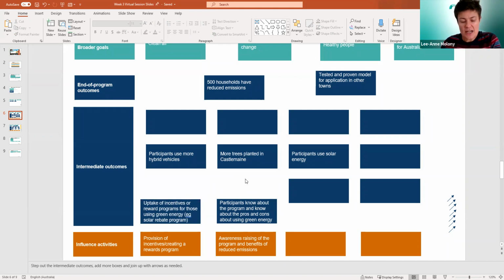Okay, so we need to think about what's possible through this program, and some of the intermediate outcomes that were really important in this actual example was that you had this awareness and confidence in knowledge and skills in understanding how to go about it and wanting to do it.